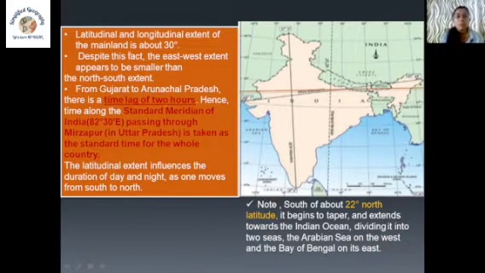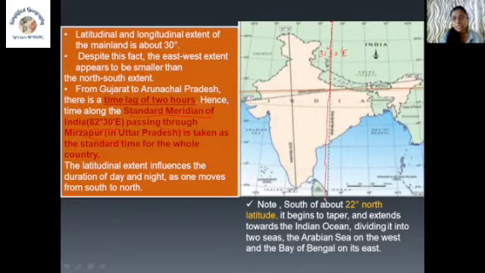Now from here we will understand the standard meridian. What is the standard meridian? What is the value of our Indian standard meridian, and where is it actually located? Okay, so 82° 30' east, this line what you see on the screen now.